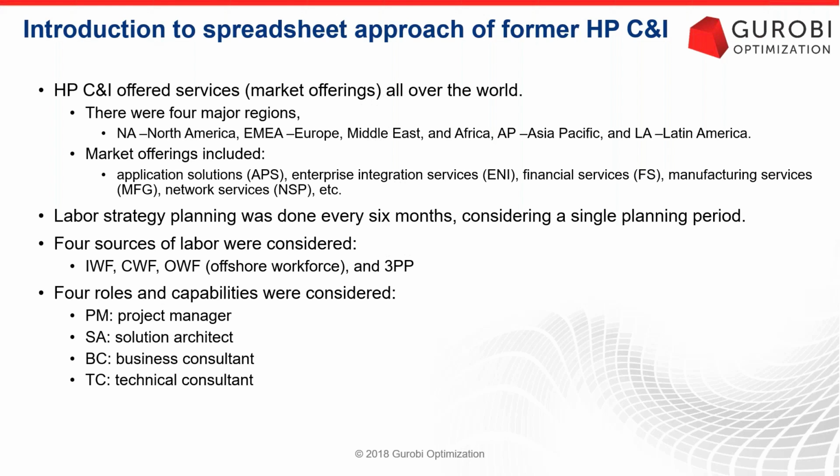The manual approach that Andrei developed was a single period approach where Andrei considered 6 months as a planning horizon as a single period. Then in the manual approach, Andrei considered 4 types of labor: internal workforce, contingent workforce, offshore workforce, and labor agency, called 3PP, third-party partners.